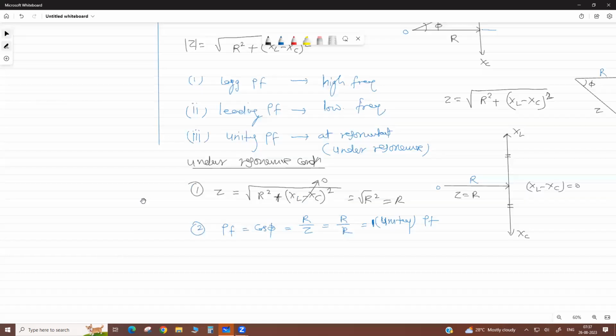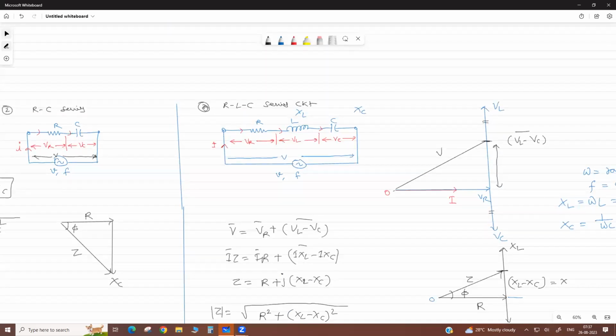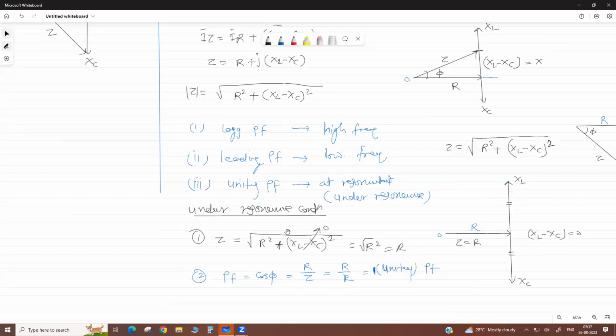Okay. So it is possible there is an RLC series circuit, but it behaves like a pure resistive circuit, pure resistance. Because unity power factor is only in the case of a resistive circuit. So under resonance, your series RLC circuit becomes like a pure resistive circuit. Okay.